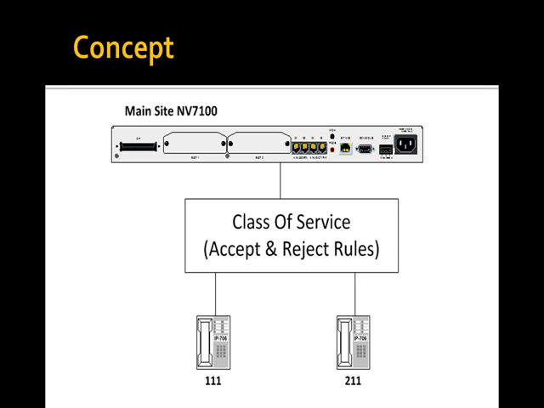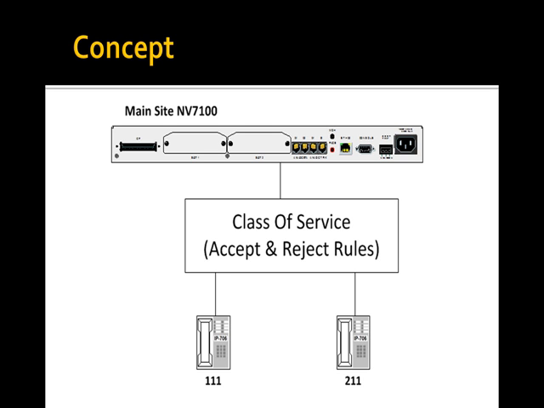So what you're going to do through the lab procedure is create one group that's allowed to call 1XX, 2XX, and 3XX. Which one would that be? Yeah, it would be the open one. We want it to be able to call everybody, so we're going to say, sure, accept these calls through that class of service. The restricted one, we said, only calls extensions that begin with 2 or 3.